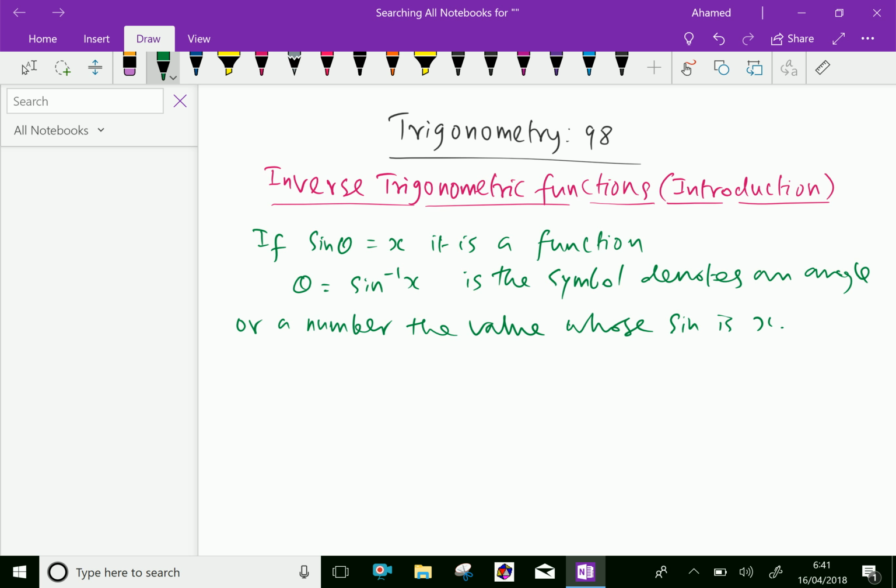Like that, cos x, tan x, etc. we can express as an inverse function.